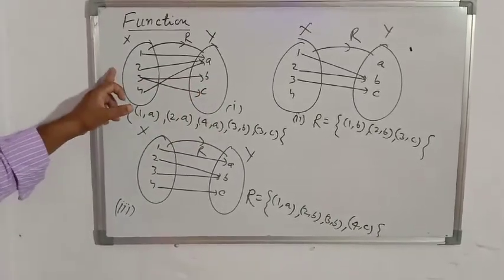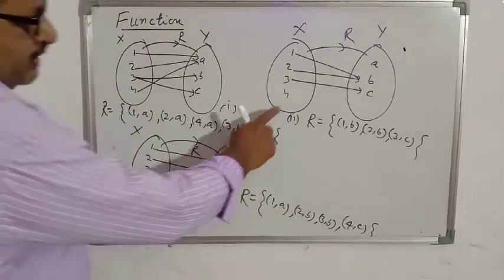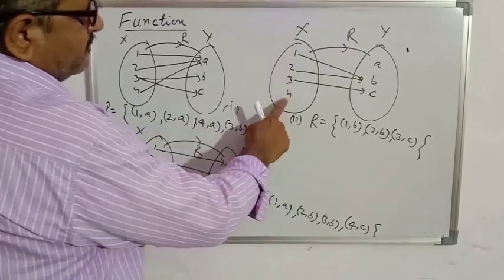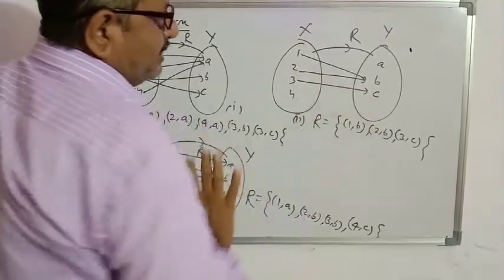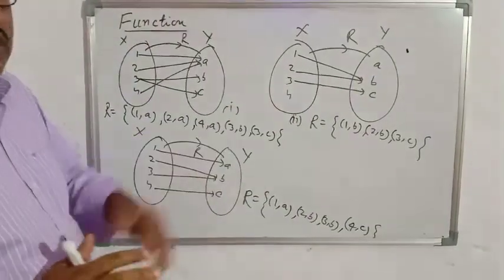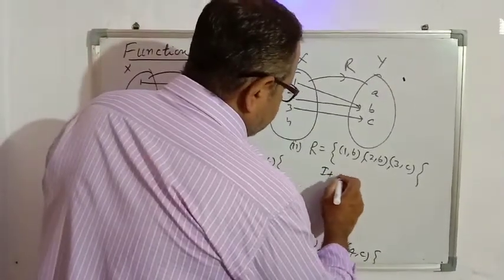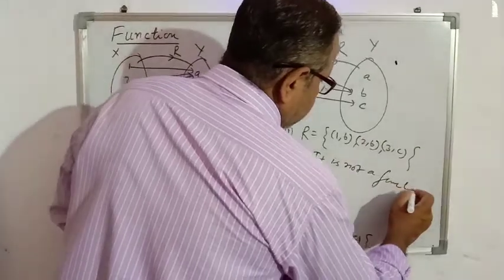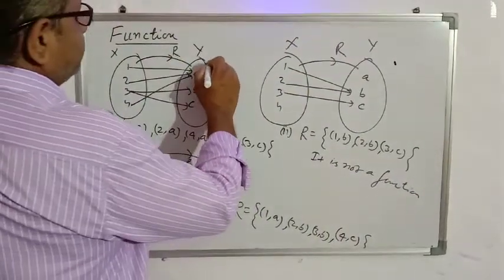So it is not a function. In the second case, one element is left in the set X which is not related to any element in the set Y. It is also not a function.